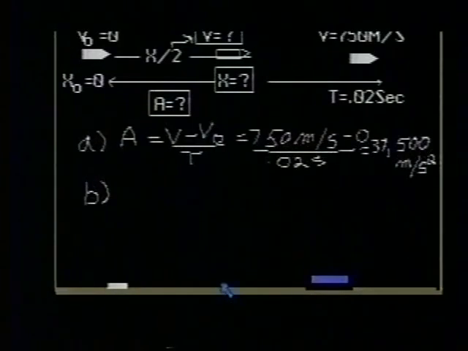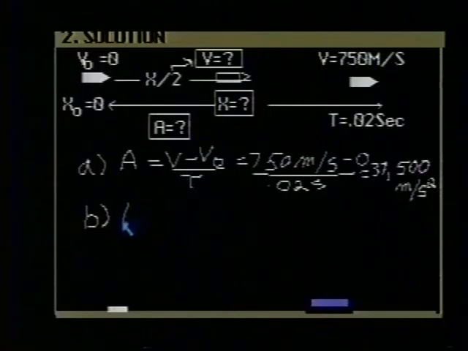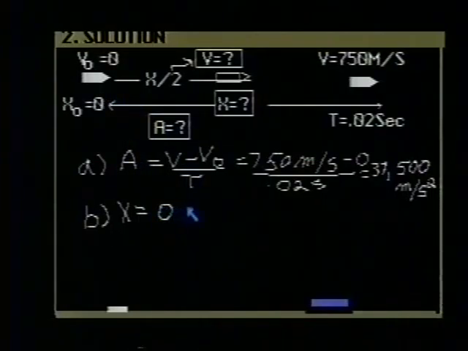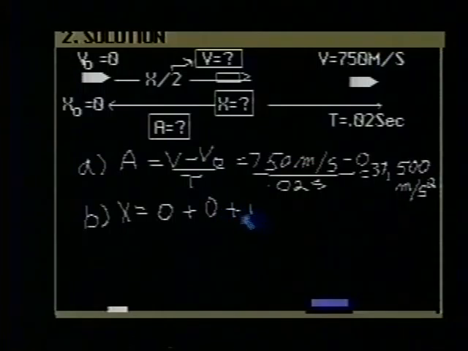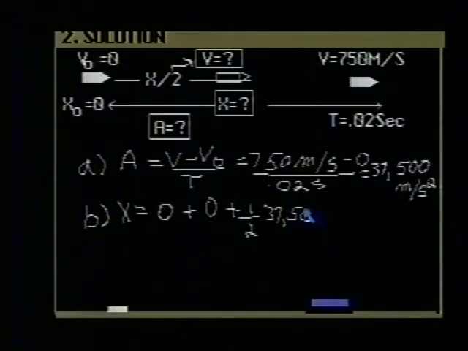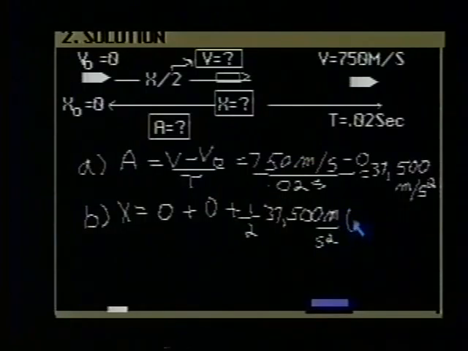For part B, then, we write that x is equal to x0, which is 0, plus the initial velocity v0 times the time. Well, v0 is 0, so that is 0 also, plus 1/2 the acceleration, 37,500 meters per second squared, multiplied by the time, 0.02 seconds, that quantity squared.